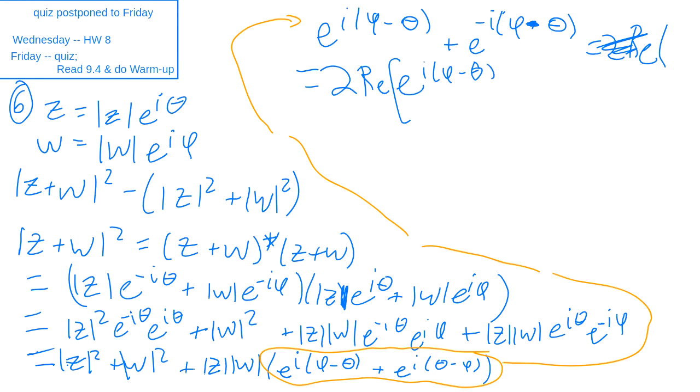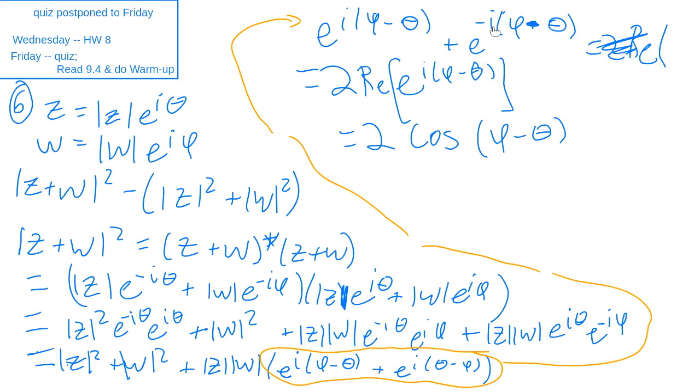And what is the real part of that right there? The real part of this is cosine of the parenthetical part. So this is equal to 2 times cosine of phi minus theta. Right? I could have just started out the very first line up here and written this as cosine plus i sine of this.